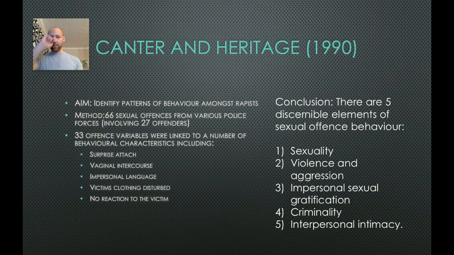They looked at 66 sexual offences from different police forces all over the country and a total of 27 offenders. 33 offence variables were developed from these 66 offences, but there were 5 that Canter suggested were key, and that is the surprise attack, vaginal intercourse, impersonal language, victim's clothing disturbed, and no reaction to the victim. He concluded that these 5 discernible elements are key to sexual offence behaviour.